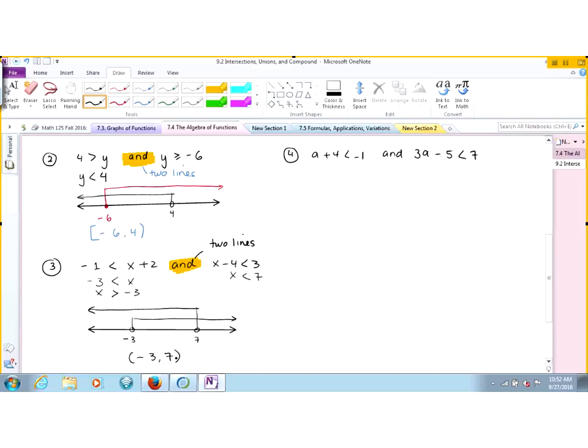Okay. Does everybody remember the interval notation? When do we use brackets? When do we use parentheses? Equal to. Right. Open circle and also infinity and negative infinity. Right? Yeah. Okay. Good. Did you try number 4? Okay. So try number 4.